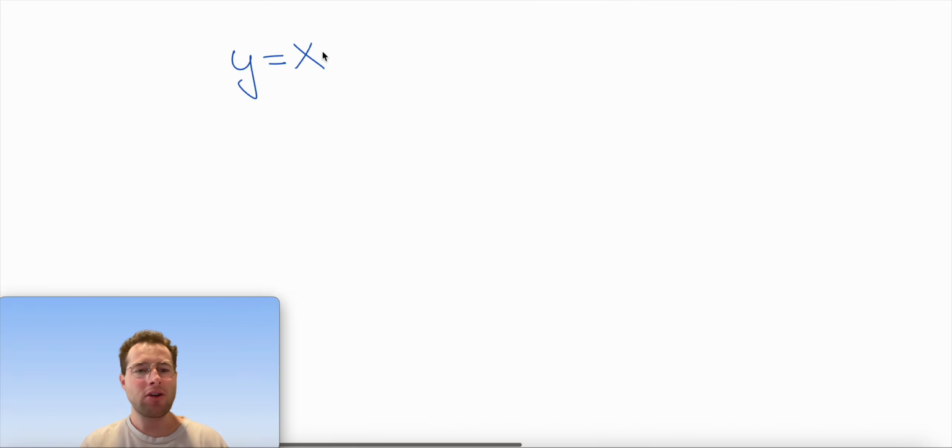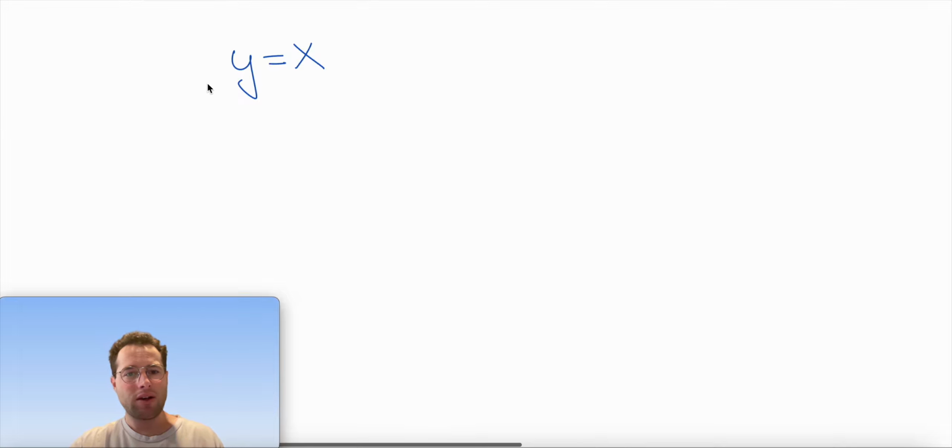Well, like I said earlier, what you're doing with the inverse function is swapping the x and y values. So if we want to find the inverse of y equals x, all we need to do is switch the x and y.